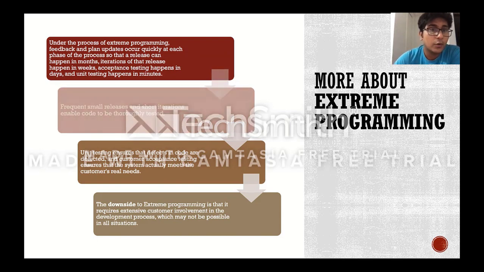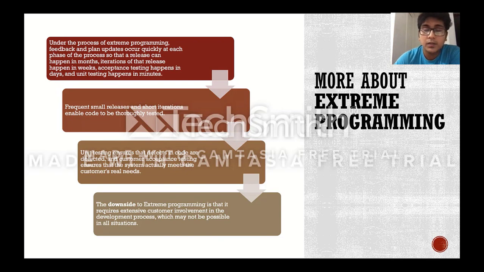So the frequent small releases and short iterations enable the code to be thoroughly tested. Unit testing also ensures that the defects in code are detected, and the customer acceptance testing ensures that the system actually meets the customer's real needs, because they are the end user.